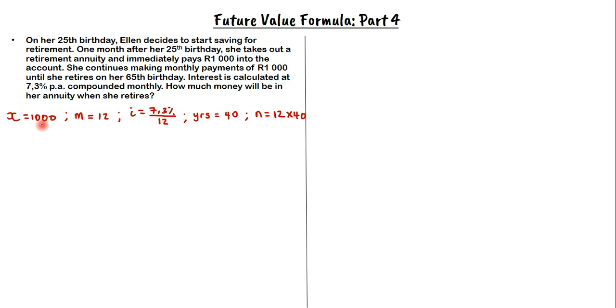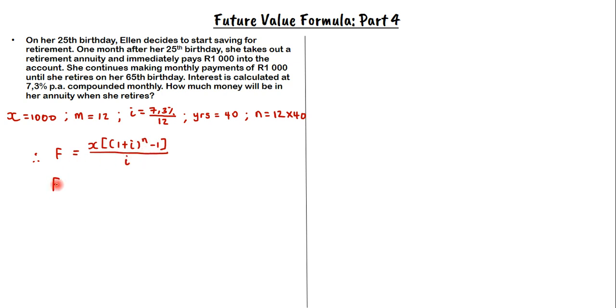So now we need to calculate our future value. Usually you can write it as FV, or just F. Let me just give it as F, which is equal to X times (1 plus i) to the power of n, minus 1, over i.